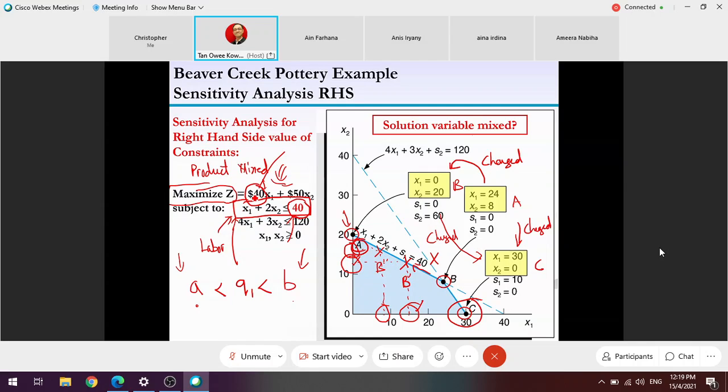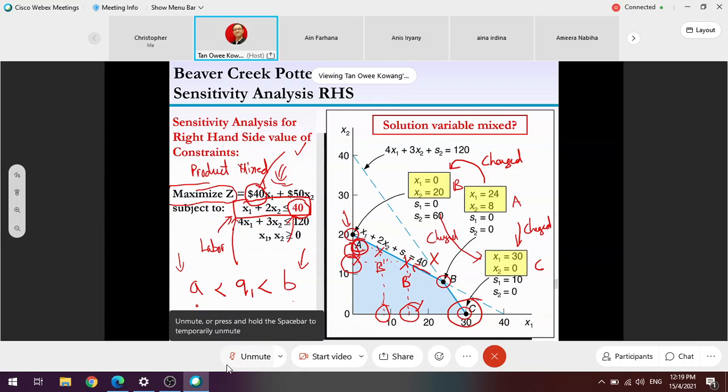I want to know, when I change the price, what is the range of price that I could change without having an impact on the optimal solution. This is very clear cut. But what about this one? Why do I want to find this range? For what purpose? Any thoughts? Why do you think we make our life so difficult by finding this range?